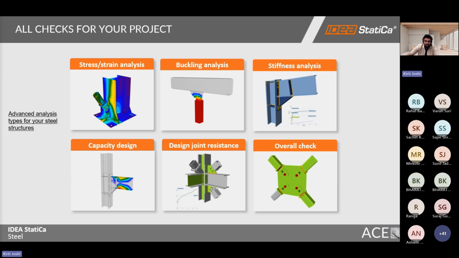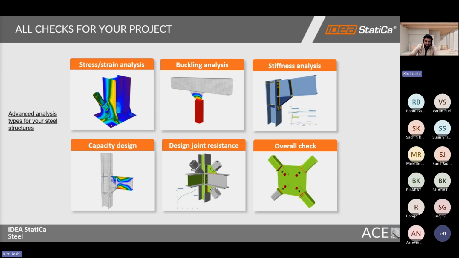The next is buckling analysis, which is used to verify whether the plates or parts of the joints are too slender. It also calculates the buckling factor, and the limiting buckling factor is set according to the design code.